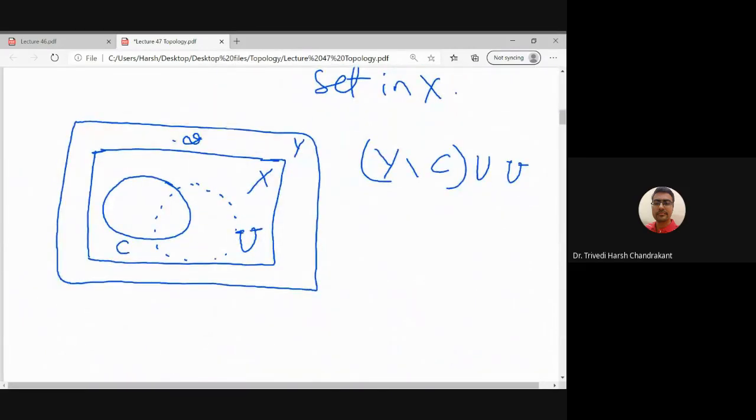From Y we are removing the points of C, and we are adding the points of U.